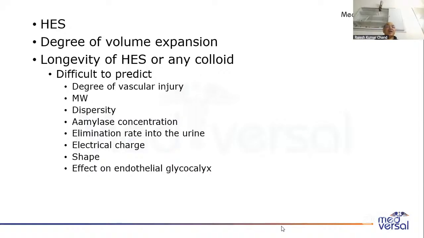But in sicker patients, because of inflammation, trauma, or other physical illnesses, depending on the degree of vascular injury, the molecular weight of the starch, dispersity, amylase concentration, elimination rate into urine, electrical charge, and the effect of the disease on the endothelial glycocalyx, all these factors will alter the half-life and volume expansion effect of the colloids, particularly in critically ill patients. The most important alteration will come from changes in capillary permeability because of vascular injury.